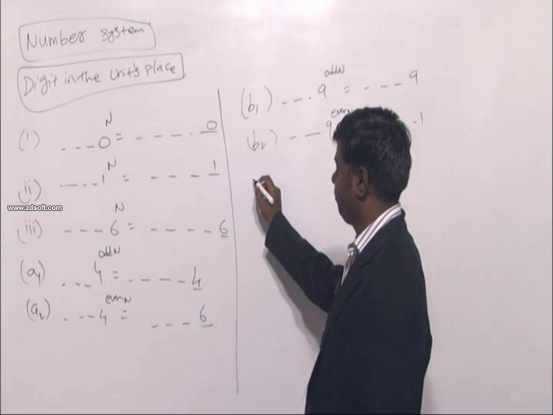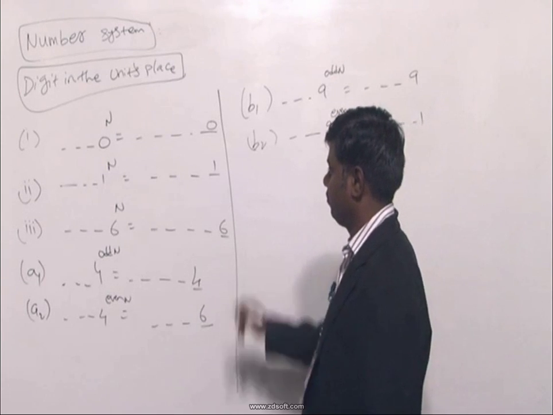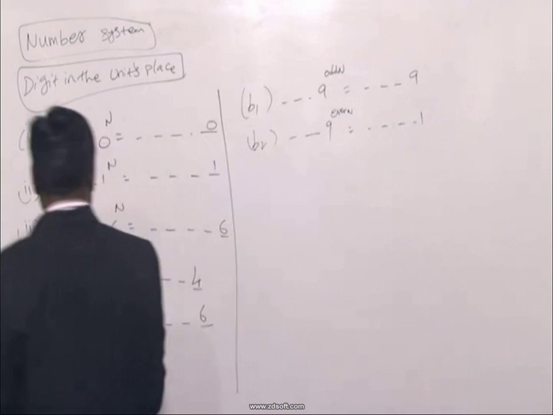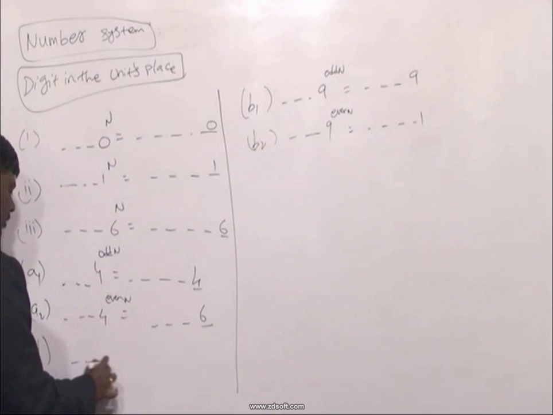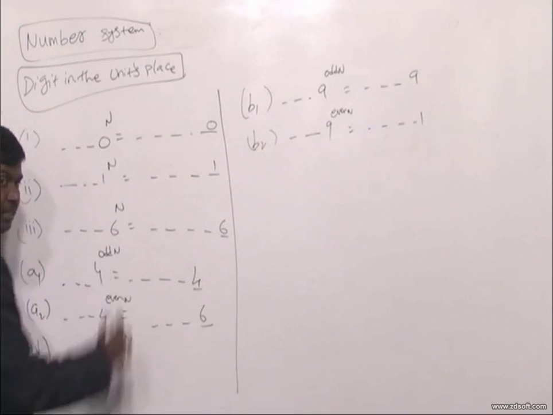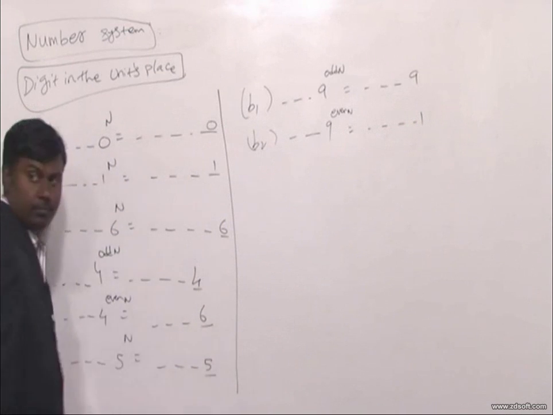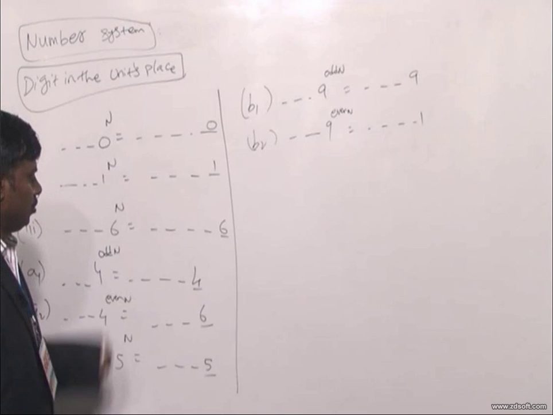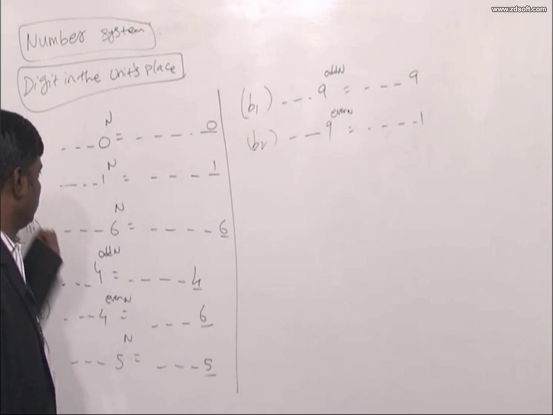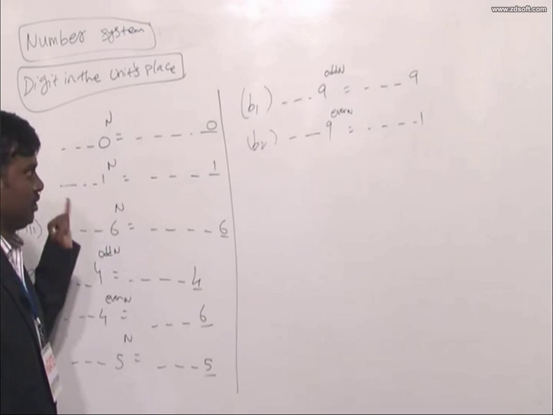Next, by the way, you can add one more thing here: a number that ends with 5 raised to the power of any natural number will give you 5, right? Okay, so 0, 1, 5, 4, 6, 9, these are done.